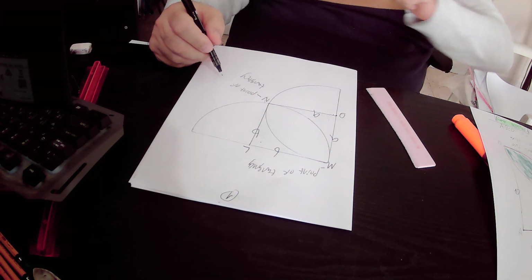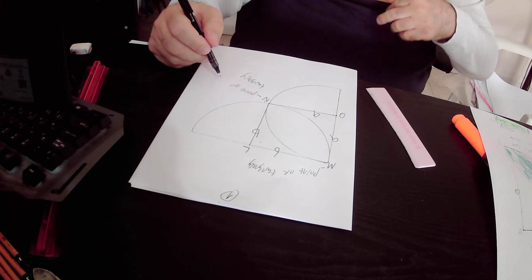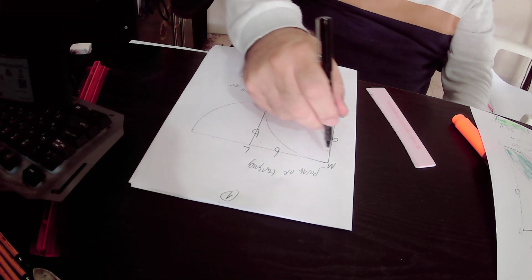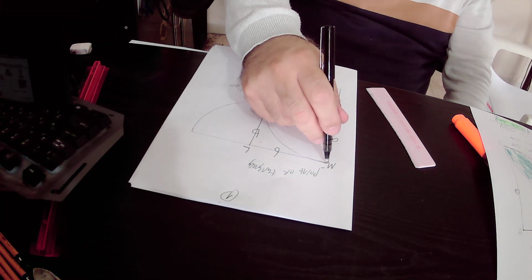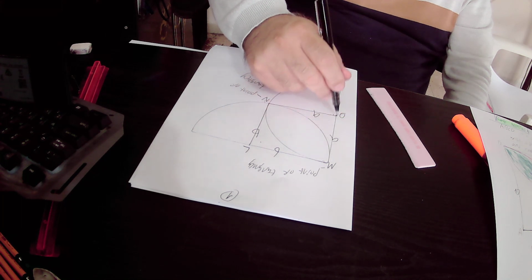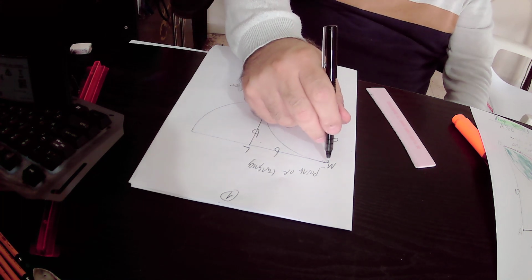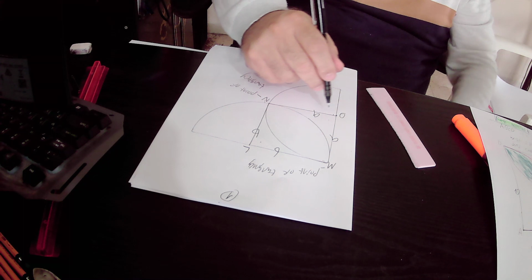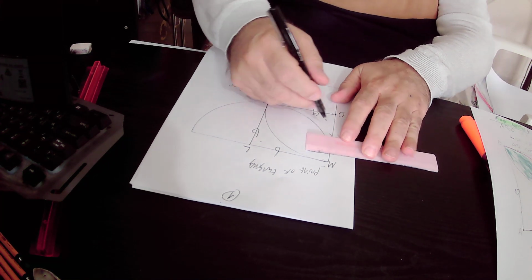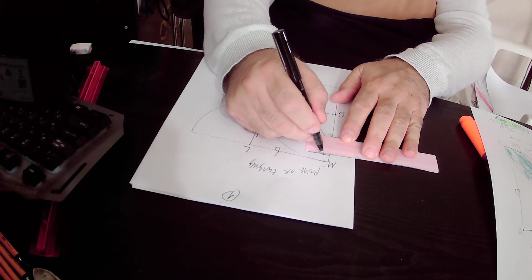And whenever you have a radius that is drawn to the point of tangency, then tangent LM will be perpendicular to the radius MO. So if LM is perpendicular to MO, it means that this angle equals 90 degrees.